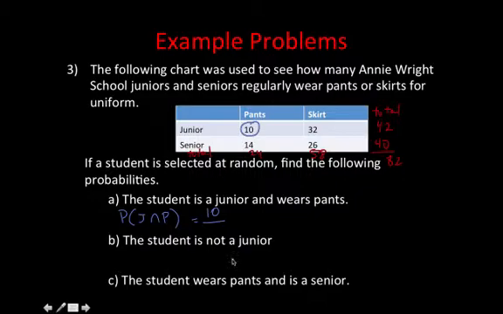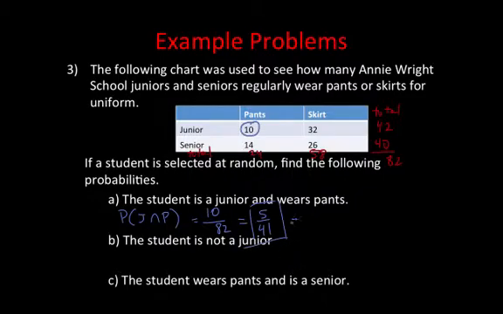So 10 students out of a total of 82 students. If I can simplify my probability, I definitely want to, and this can be simplified to 5 over 41. So that's the probability of a student that is a junior and wears pants.